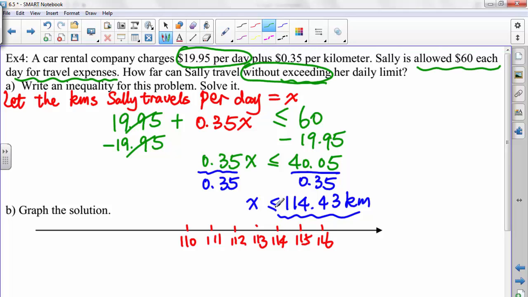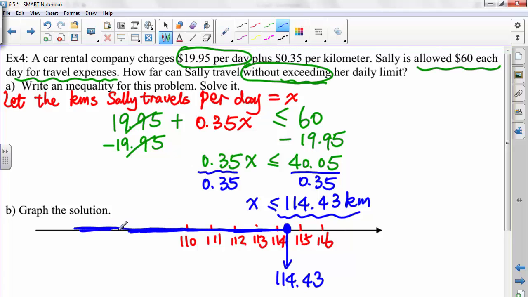So since there's an equal sign, that means I need to use the shaded circle to show the solution. So let's just say this is 114.43. And the last one, that means I need to shade the left side of 114.43 on the number line.